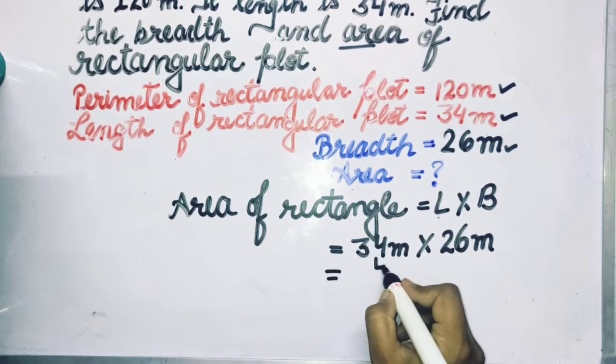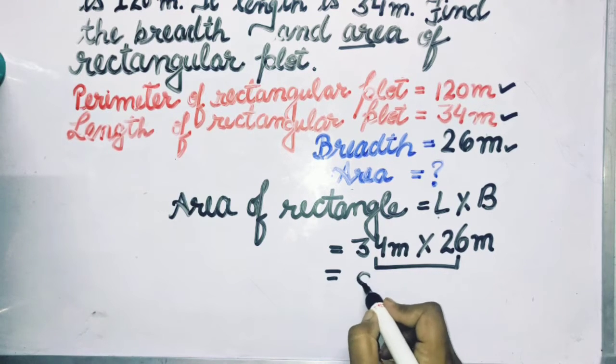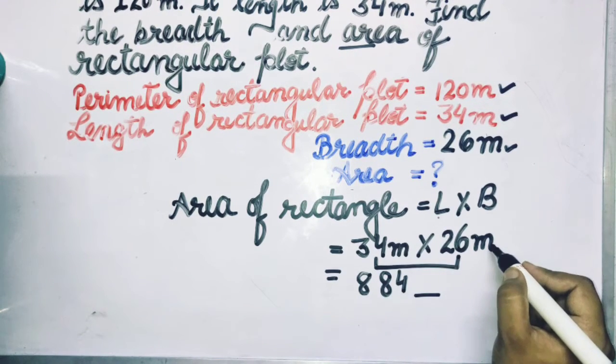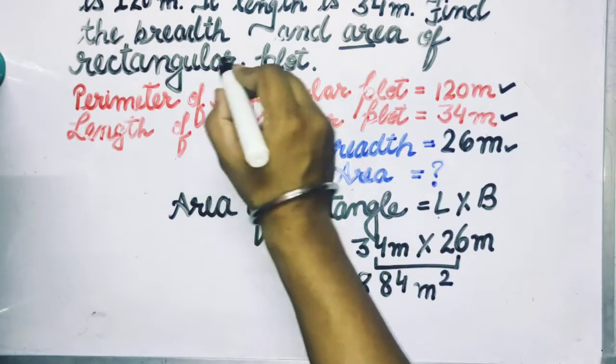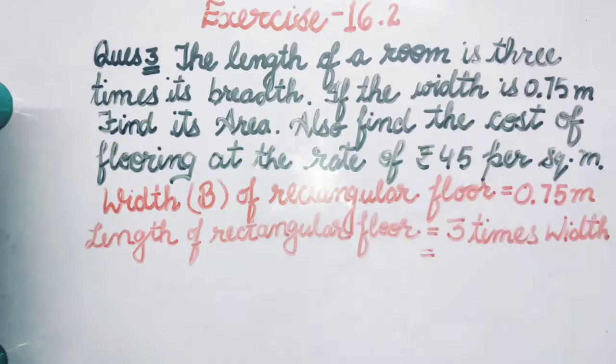Students, when we multiply these two numbers, we get the answer 884. Now what unit should I put here? See, one meter and second meter. When 2 meters are in multiplication, it will be meter square. Clear students? Now the area of the rectangular plot is 884 meter square.